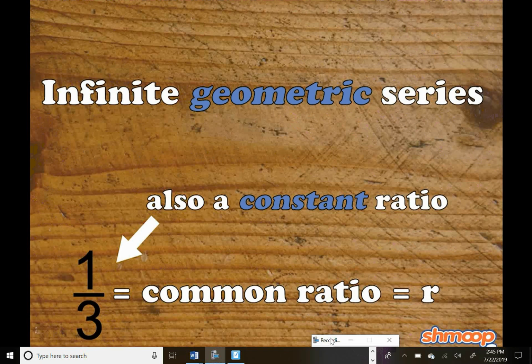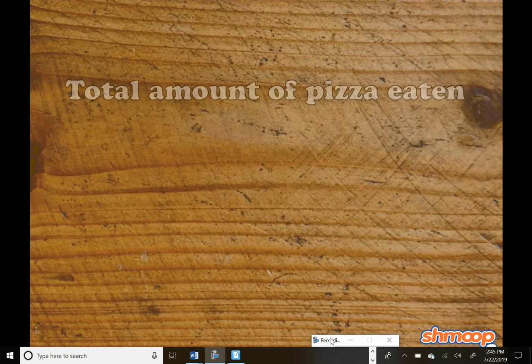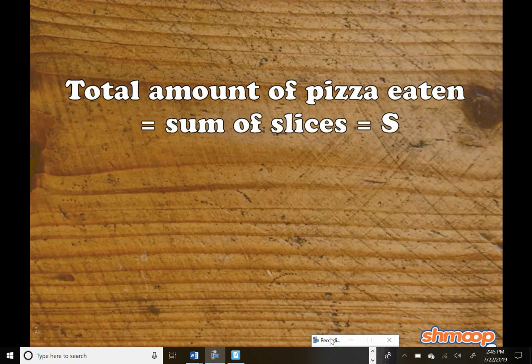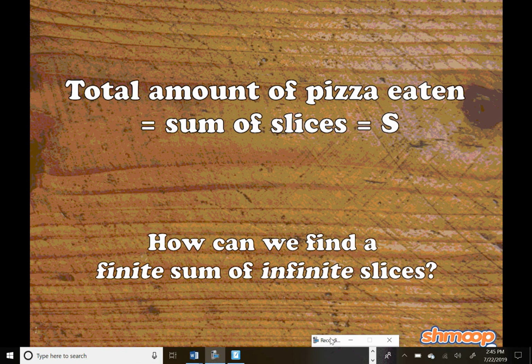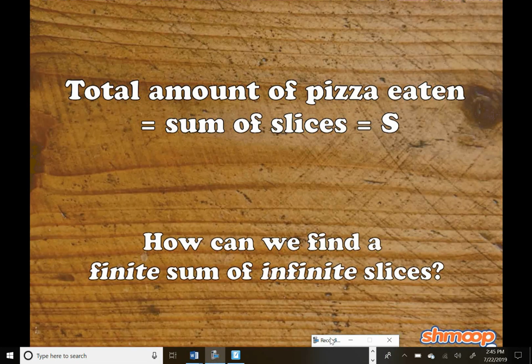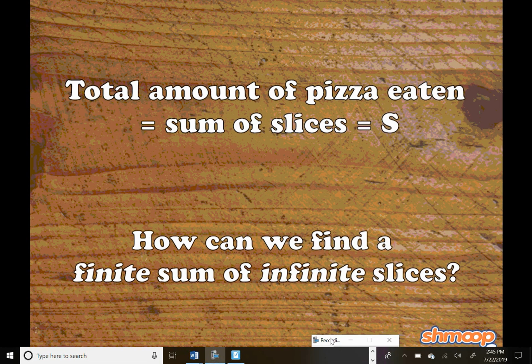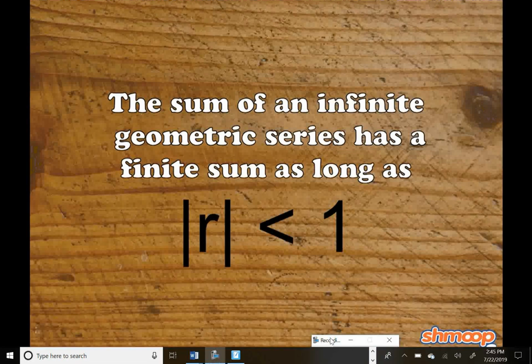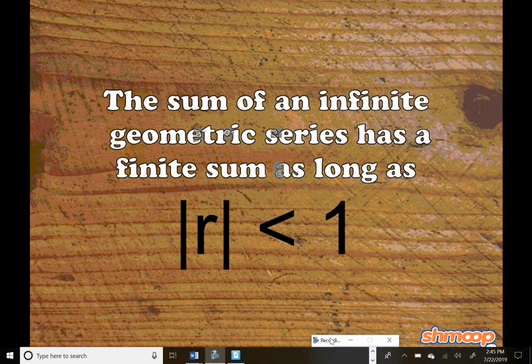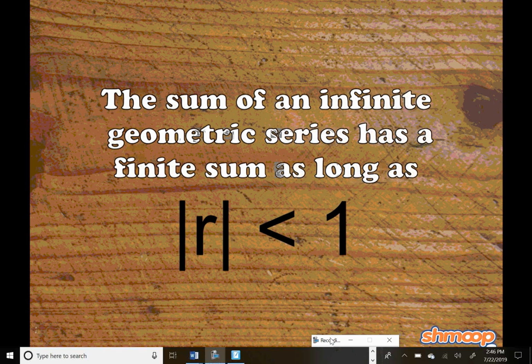Got that? Now that we've identified the type of numbers we're dealing with and the common ratio between them, let's get back to the problem. If we want to find the total amount of pizza Pepe ate, we should add all the slices together and find the sum. But wait, if he's eating infinite slices, how can we find a finite sum? Doesn't he keep eating forever and ever and ever? No worries, Pepe. The sum of an infinite geometric series has a finite sum, as long as the absolute value of the common ratio is less than 1.